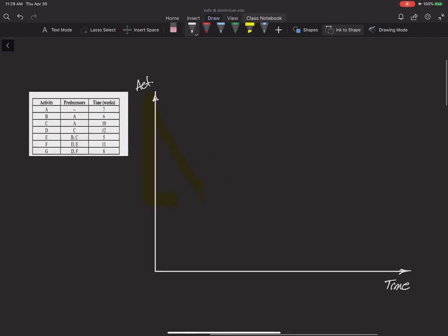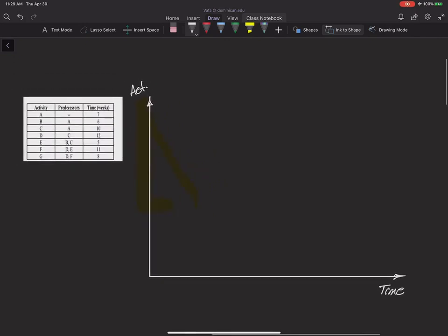Okay, so let's get started. Activity A can start without any predecessors and it takes 7 weeks to finish. So remember that in a Gantt chart we show activities with a little bar. This is activity A, which takes 7 weeks. So if we start here from 0, it ends at 7.